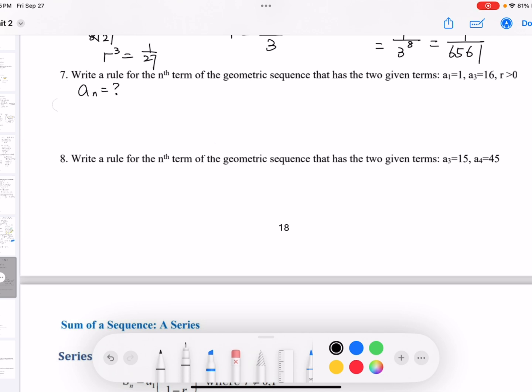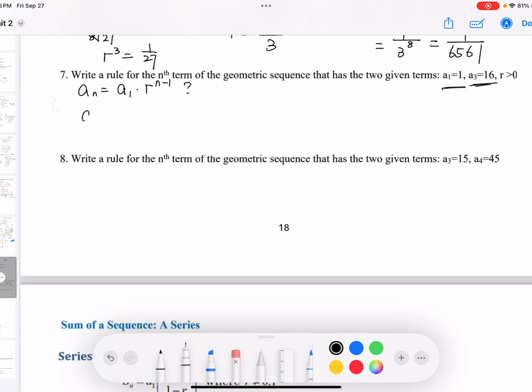For a geometric sequence, the rule is a sub n equals a sub 1 times r to the n minus 1 power. I need the a sub 1 and the r's value. So we know a sub 1 is 1. And finding the r, I can find it from here. So first find the r.